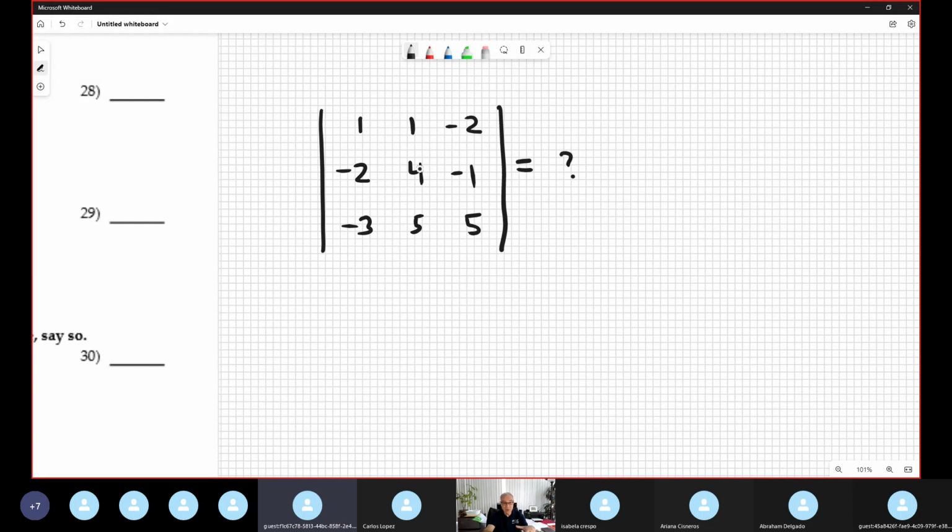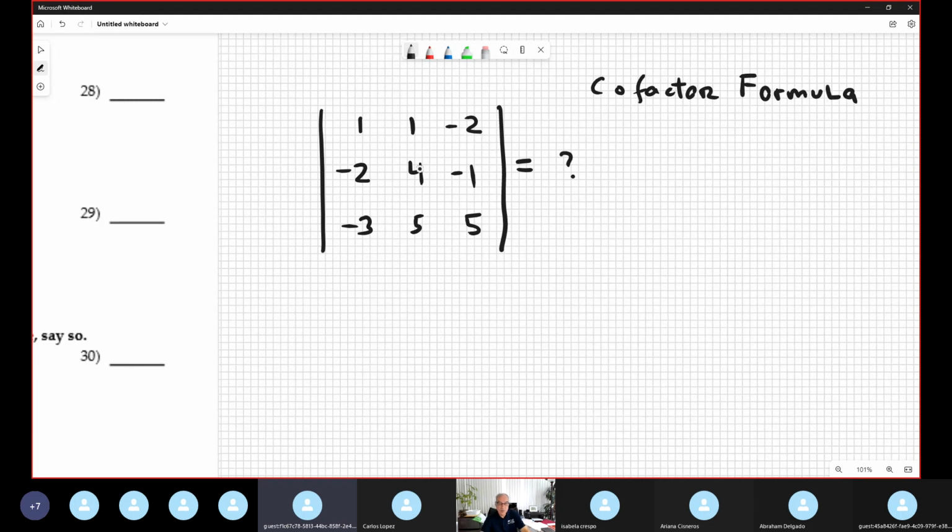But this is the idea for the determinant. Determinant associates one square matrix 3 by 3. But actually it's no matrix, it's a determinant with the one number, according to the formula. So what is the formula? Well, the formula is the cofactor formula.